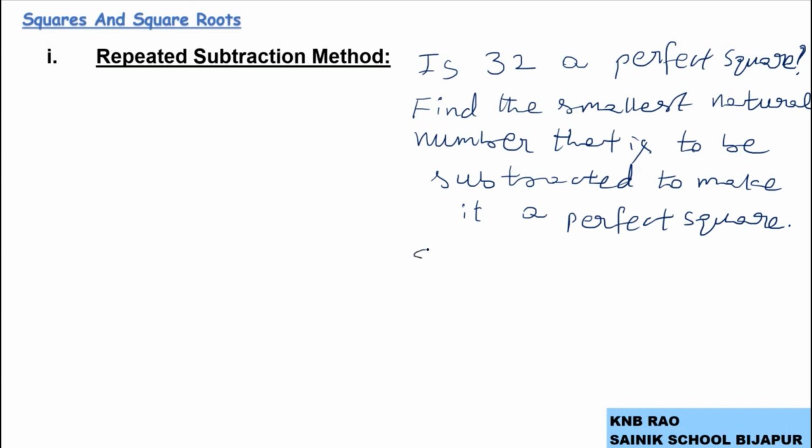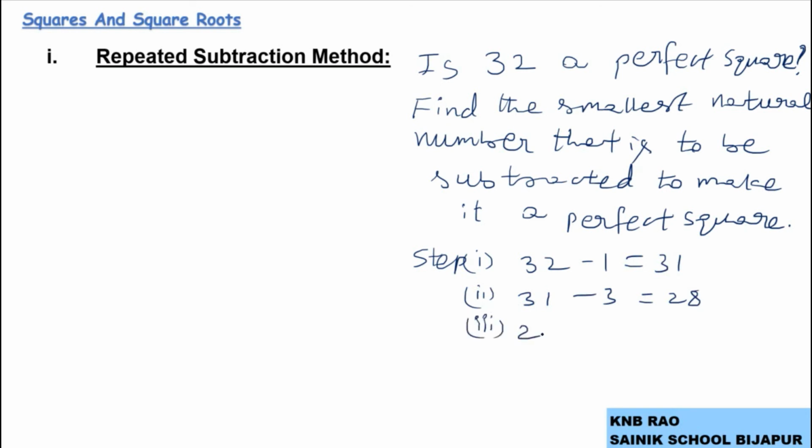So you started doing it in steps. In step 1, 32 minus 1 gives 31. In step 2, 31 minus 3 gives 28. In step number 3, 28 minus 5 gives 23. In step number 4, 23 minus 7 gives 16.